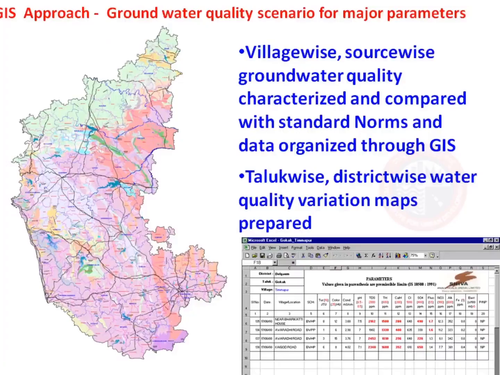A case study on the GIS approach for water quality analysis. For this, village-wise, source-wise groundwater quality was characterized and compared with standard norms, and the data organized through GIS. Taluk-wise and district-wise water quality variation maps are prepared.